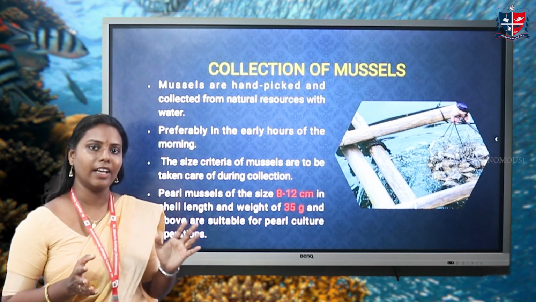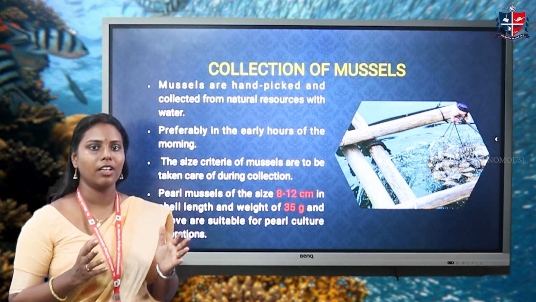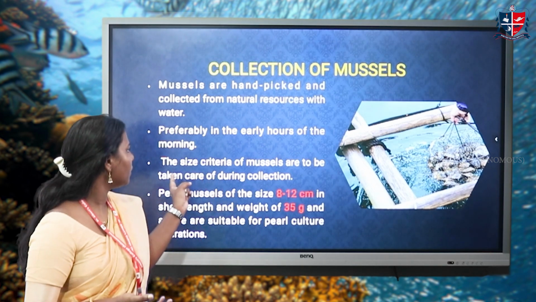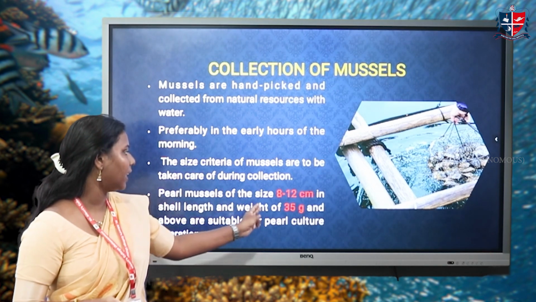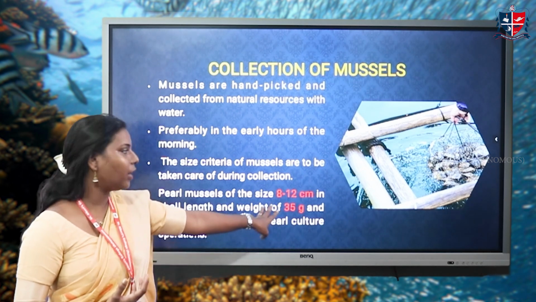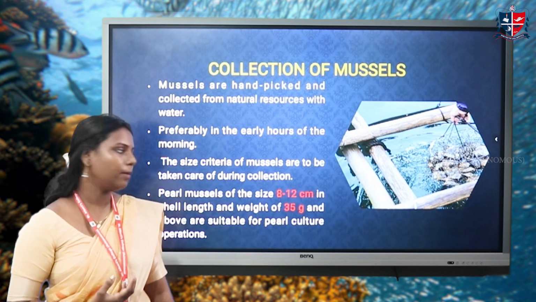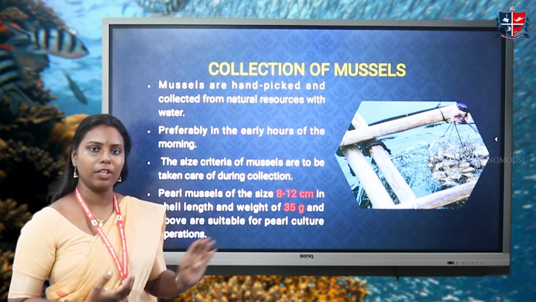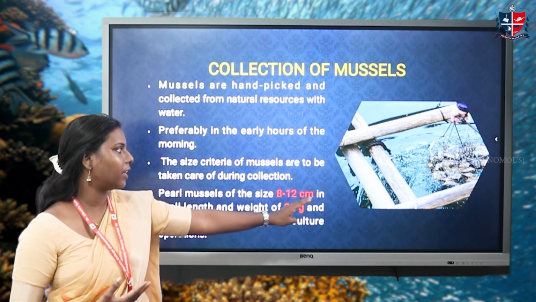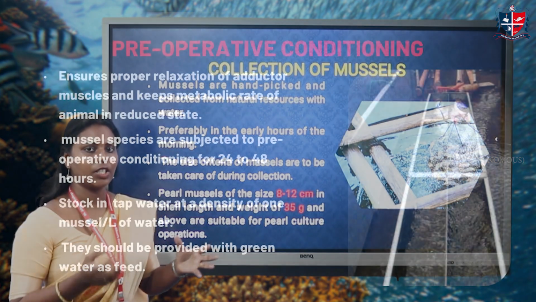You have to be careful to collect the mussels in the early morning hours only for using them for culture. Also be careful about the size and weight of the mother organisms: they should have a minimum shell length of 8 to 12 centimeters and a weight of 35 grams. In this picture you can see the collection of mollusks that we take for the surgical procedures.